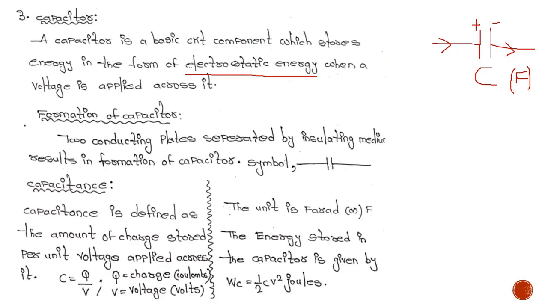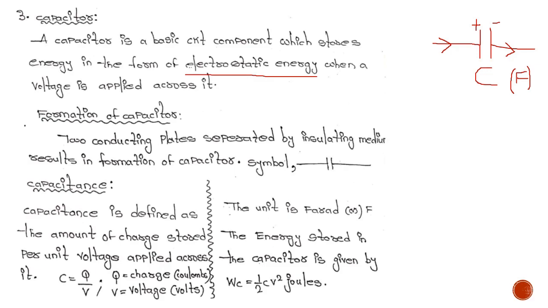Coming to the calculation of capacitance, generally the capacitance can be calculated in an electrical way as well as in a physical way, as we did for resistor and inductor. In a similar way, we can calculate the capacitance value in these two ways.